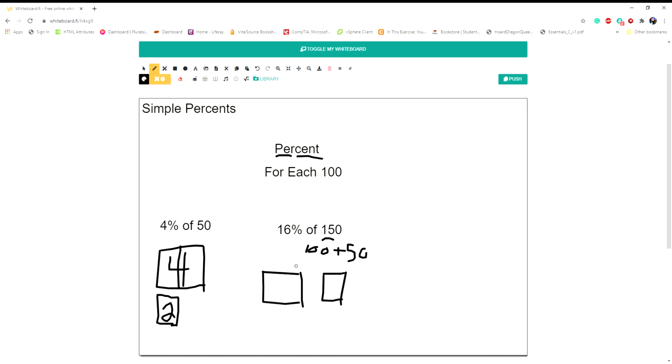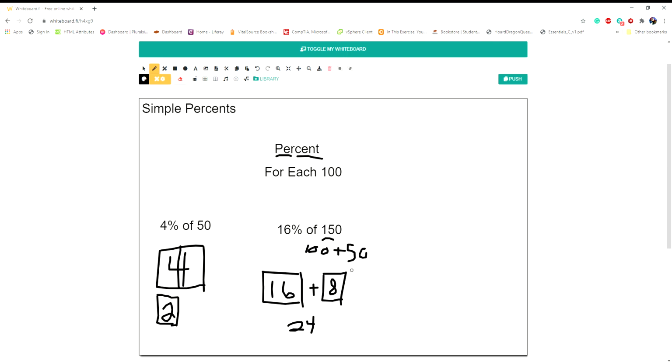So for each 100, I have 16. So in my 100 box, I'm going to put 16. Then I got 50. Well, 50 is half of 100. So half of 16, or taking 16 divided by 2, will give us 8. And I can add these two things together and get 24. That is something really, really cool.